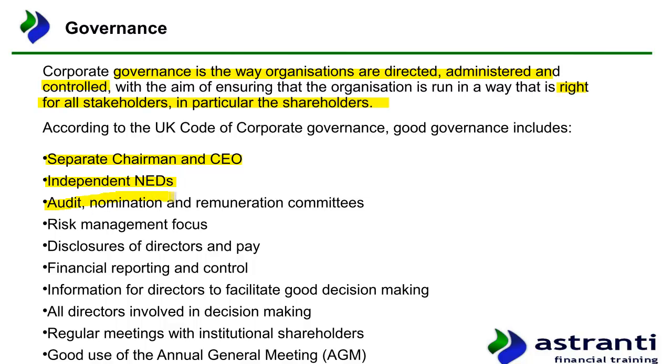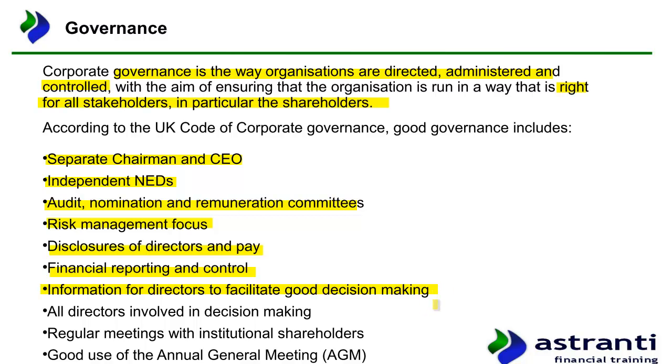You want to see an audit committee as well as nomination and remuneration committees who are basically going to ensure that people are not awarding themselves massive salaries and super jobs. You want to see a risk management focus. You want to see good disclosures of directors and their pay, as well as correct financial reporting and control.